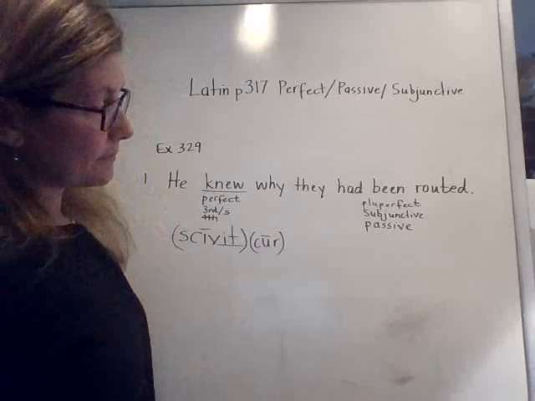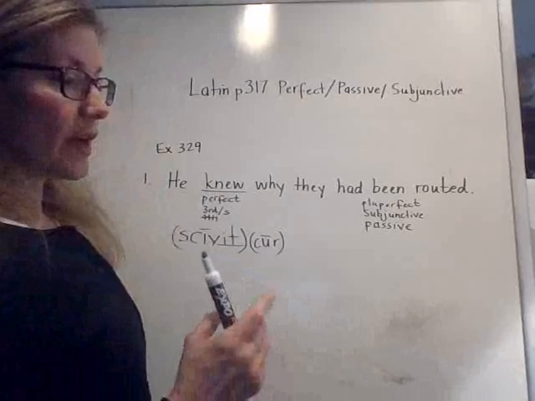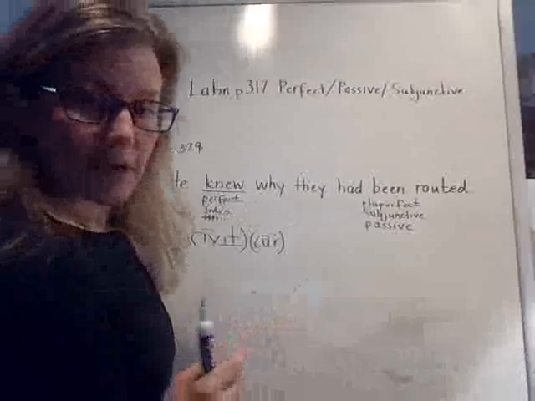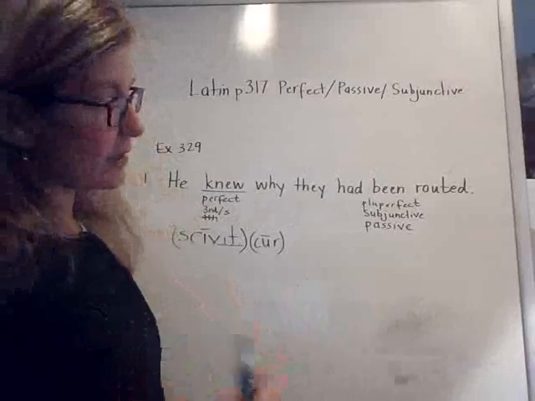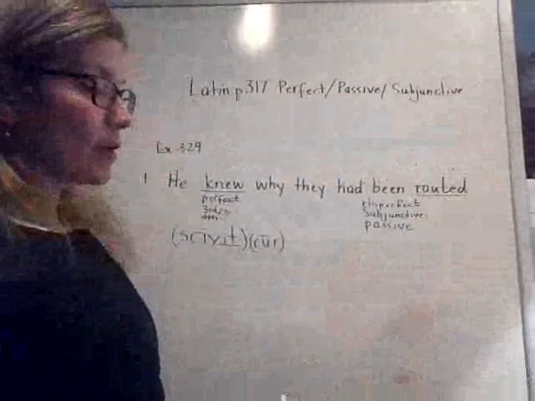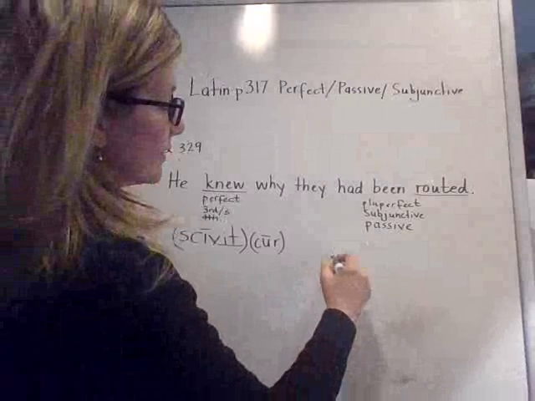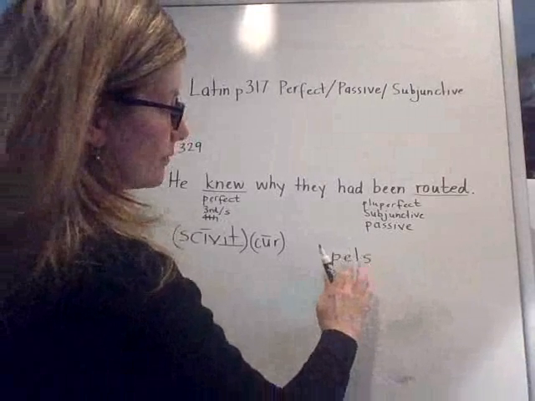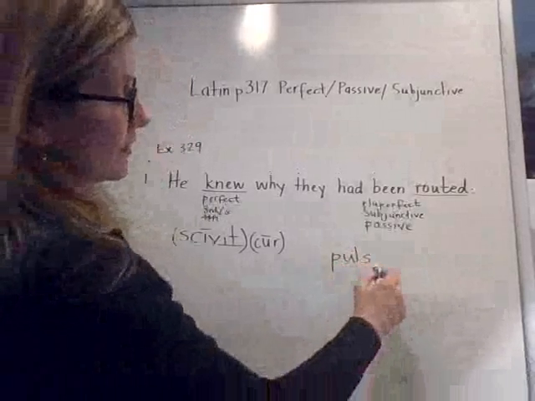The way that you translate that is you find the perfect participle passive, which is the fourth principal part. This verb routed is pello, pellere, pepuli, pulsus. So I'm just going to put the stem here. Actually, not pulse, puls.